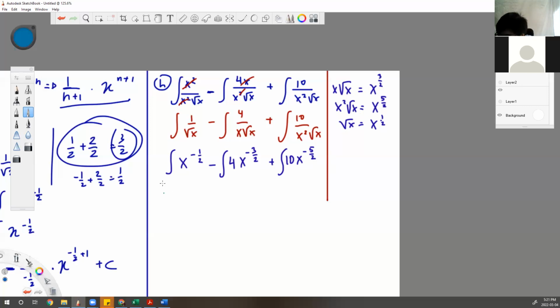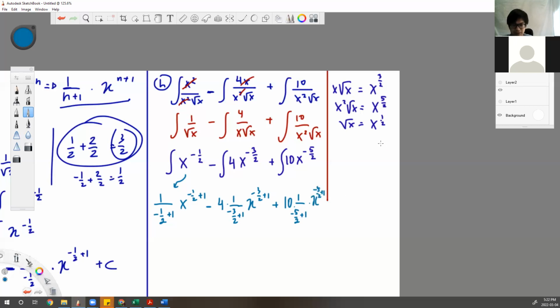This one, negative half plus 1. Oh sorry, 4, just put 4 in front of the expressions. Negative 3 over 2 plus 1, right? And then plus 10, 1 over negative 5 over 2 plus 1, x power negative 5 over 2 plus 1, right?